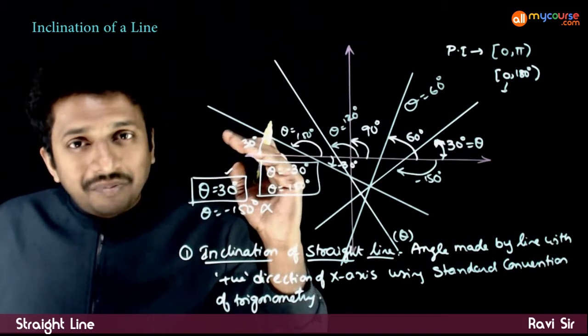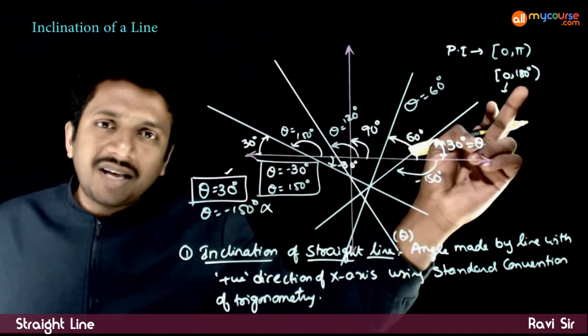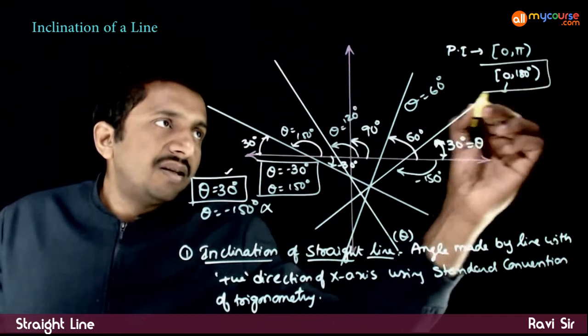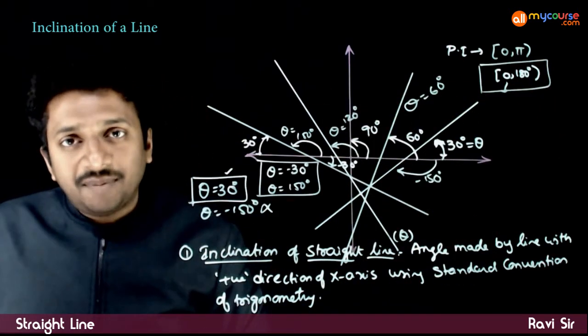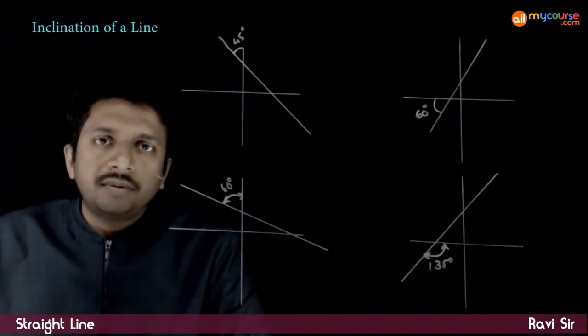And if the line again becomes parallel to the x-axis, instead of reporting it as 180, we report it again as 0. So the principal inclinations lie between closed 0 and open 180.